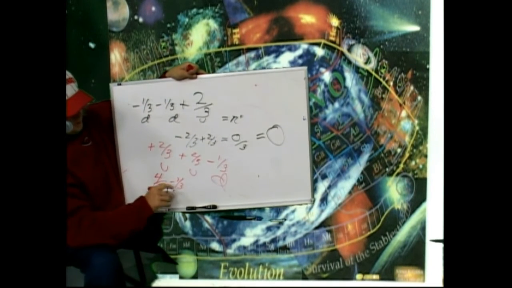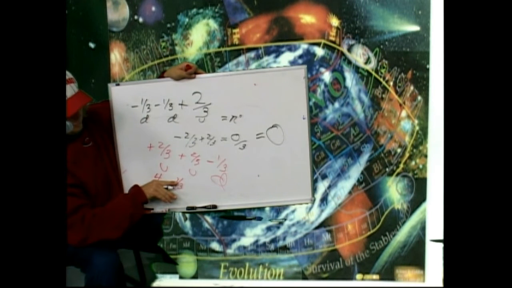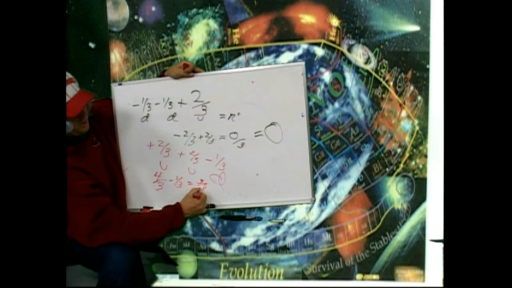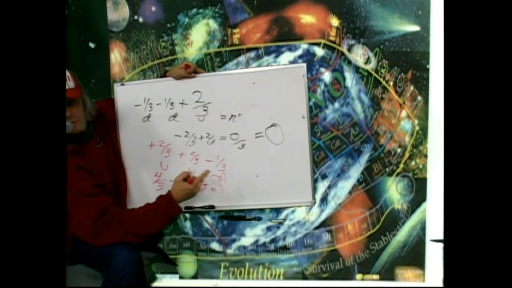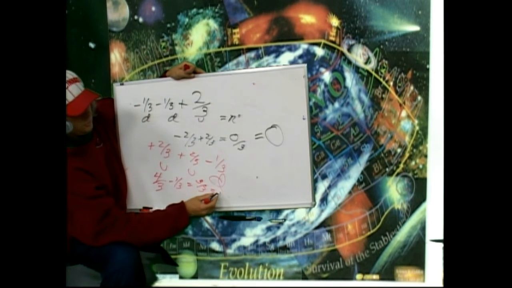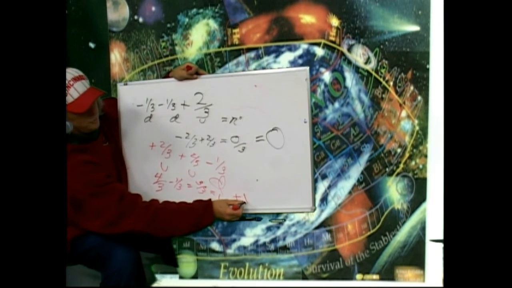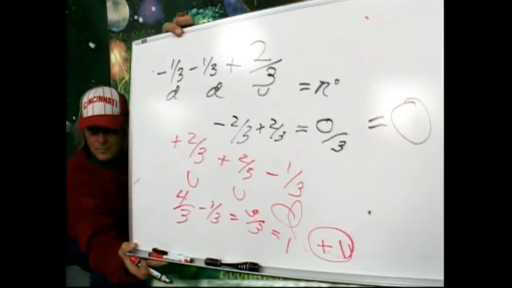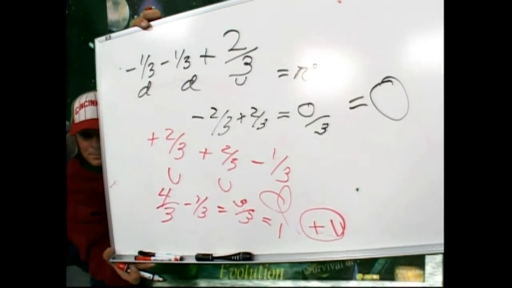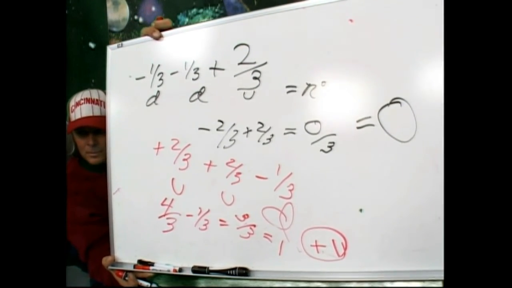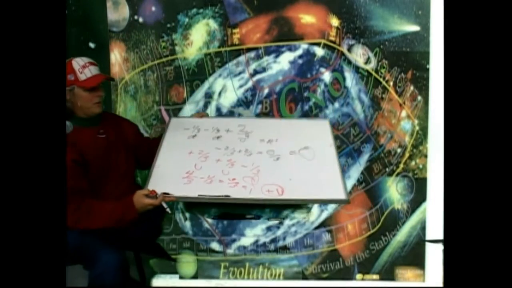See the way the 3's are by themselves, so just work straight across. 4 minus 1 is 3. So 3 over 3, although we're not counting thirds here. 3/3 equals 1. So it's plus 1 is the charge on the proton. So don't be afraid of fractions.